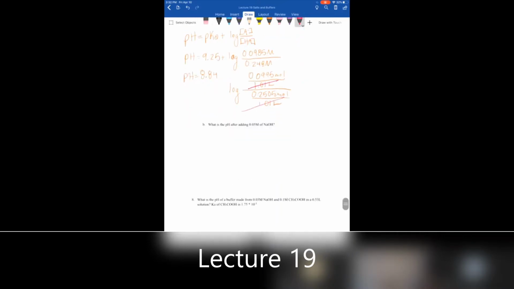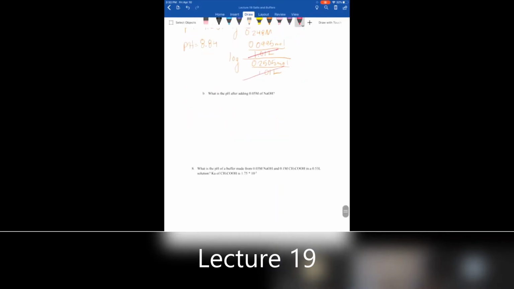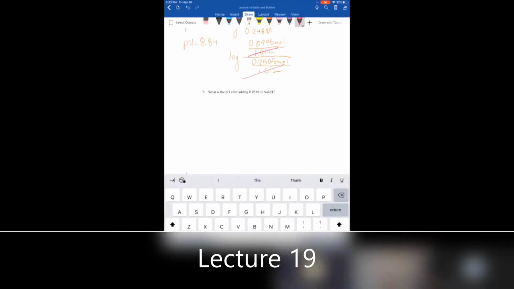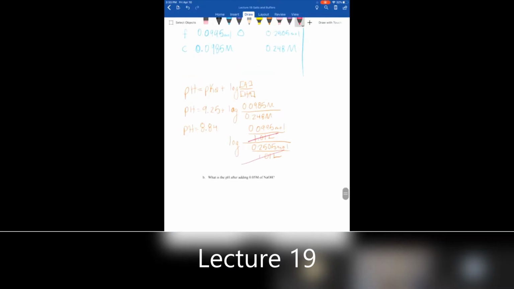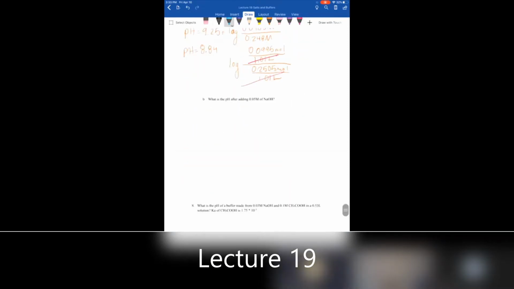Okay. And then if I add NaOH, it's past 3:30, so I'm going to try to do this quick for you. So NaOH, or OH minus, is going to react with the acid.